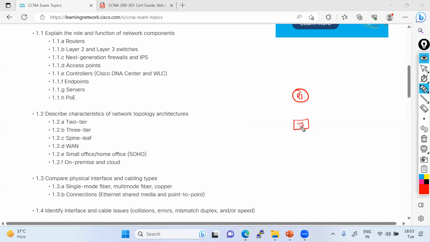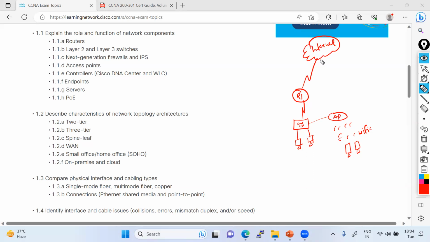Behind this switch, a user PC is connected, or maybe an access point, and behind it multiple mobile users or laptops are connected via Wi-Fi. This router is further connected to the internet.